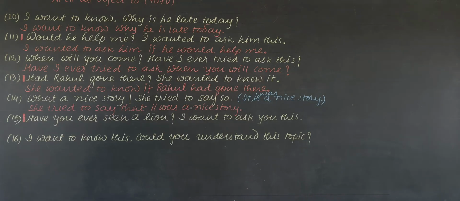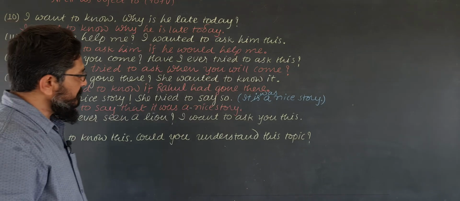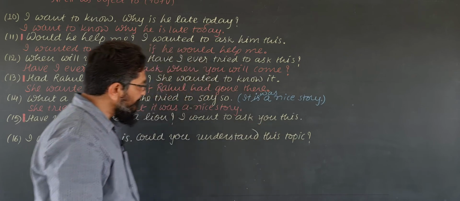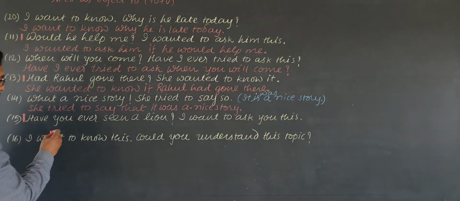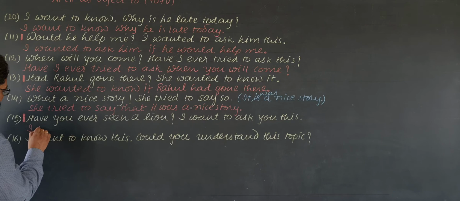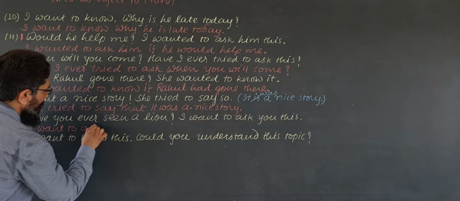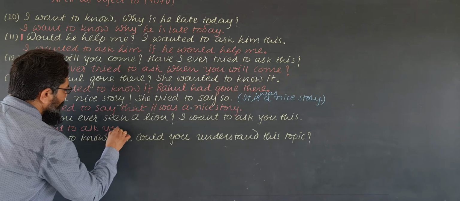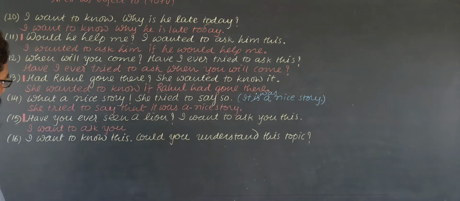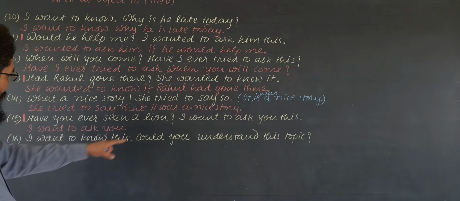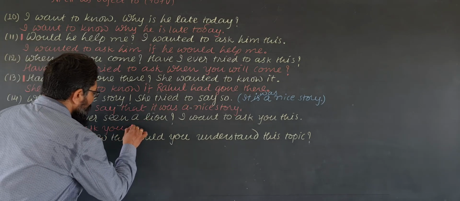Have you ever seen a lion? I want to ask you this. To ask. What to ask? This. Going to be the main clause. I want to ask you. Now see, a WH word is not found here. It is interrogative. So I will put if.